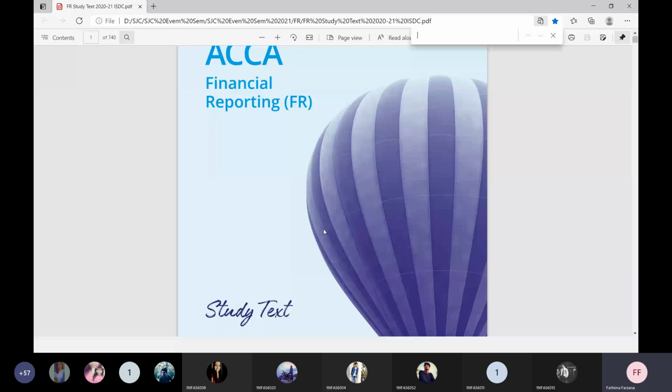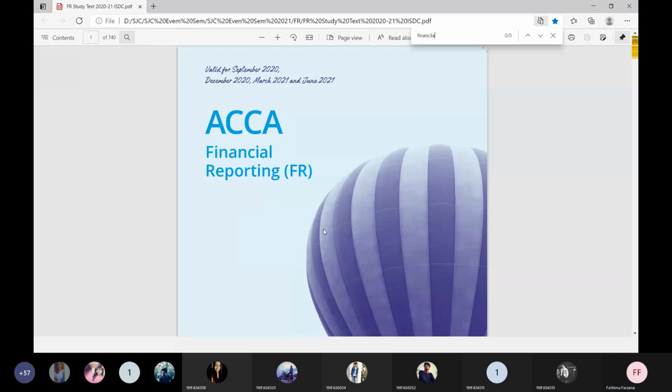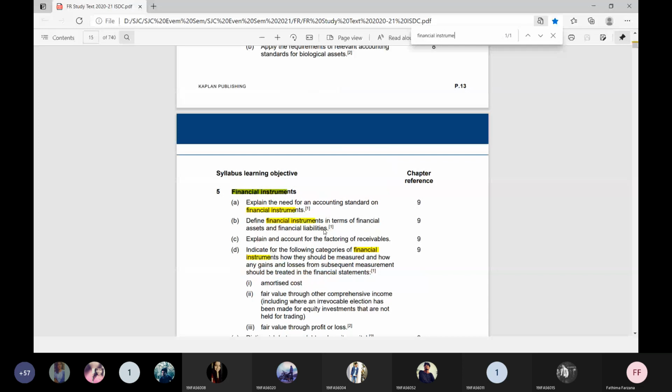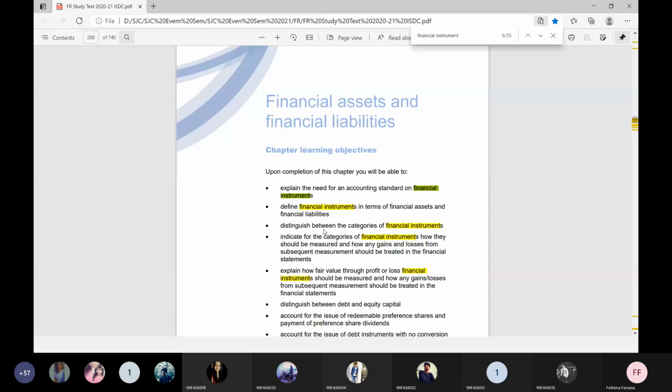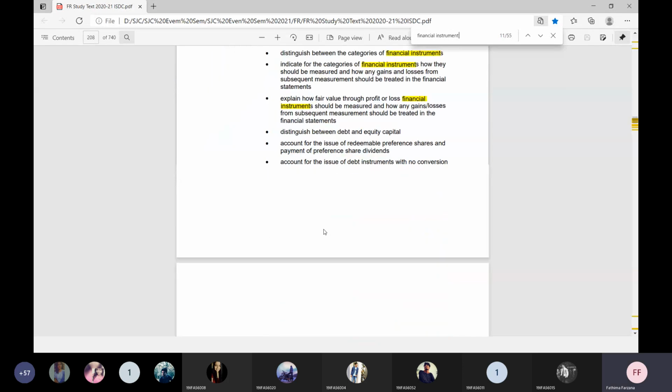So this is financial instruments. We did illustration 3, right?